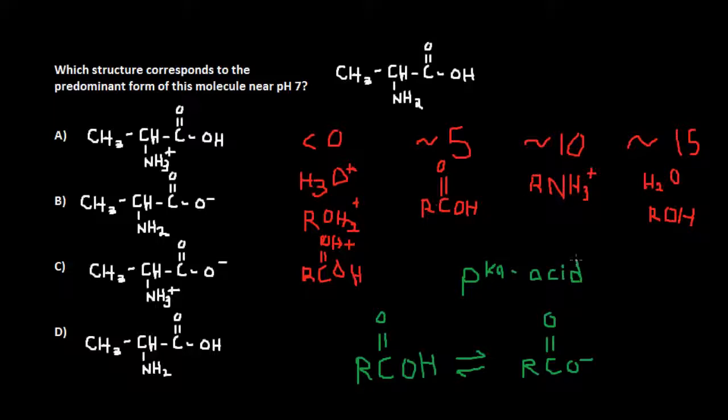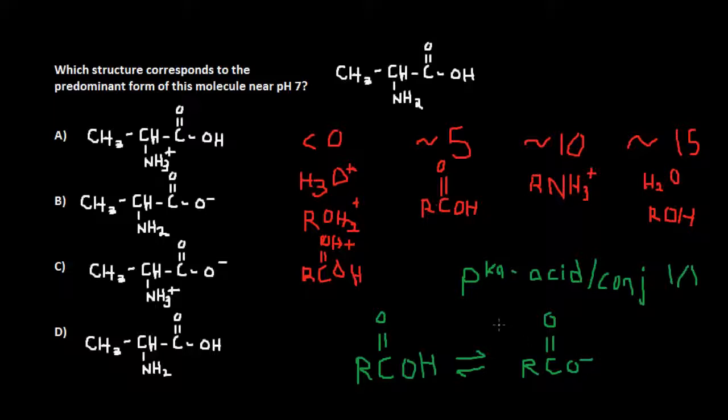I'm going to write that down: conjugate base, 1 to 1. So this pKa here is 5. If this is in a solution where the pH is 5, then you'll have as many carboxylic acids as you'll have the conjugate base of the carboxylic acids in that solution.